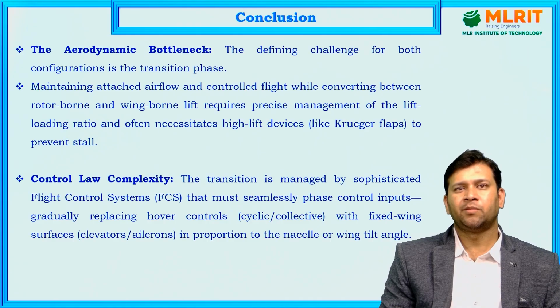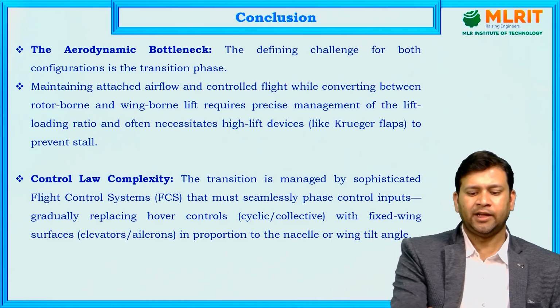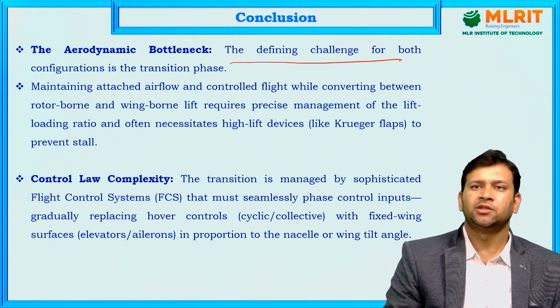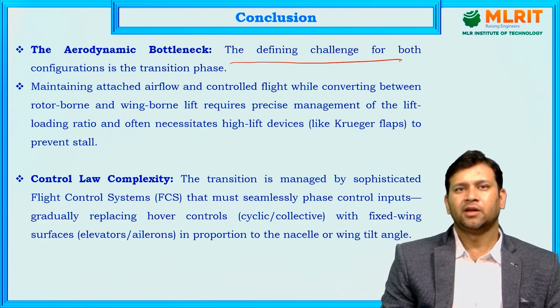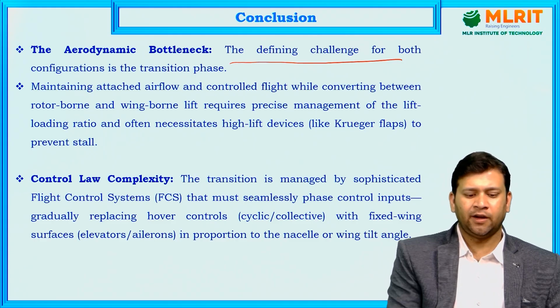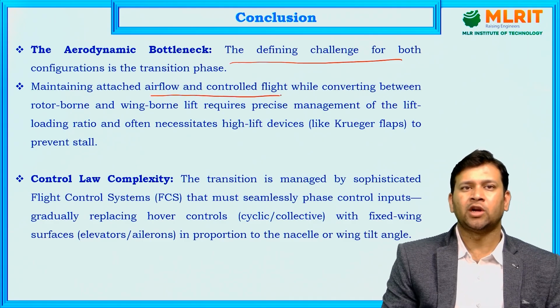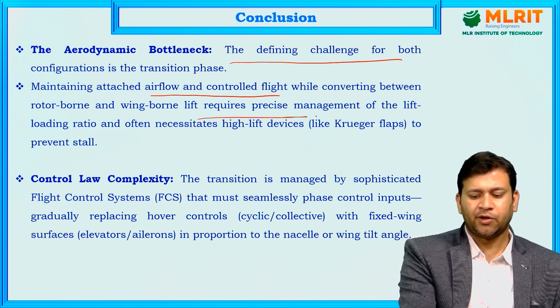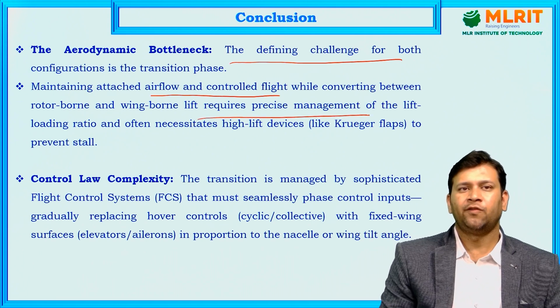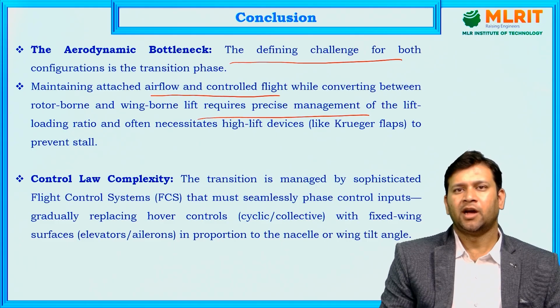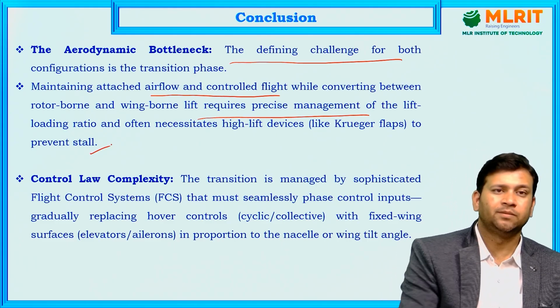The aerodynamic bottleneck, which is the defining challenge for both configurations, is the transition phase. Maintaining attached airflow and controlled flight while converting between rotor-borne and wing-borne lift requires precise management of lift loading ratio and often necessitates high lift devices like Krueger flaps to prevent stall.